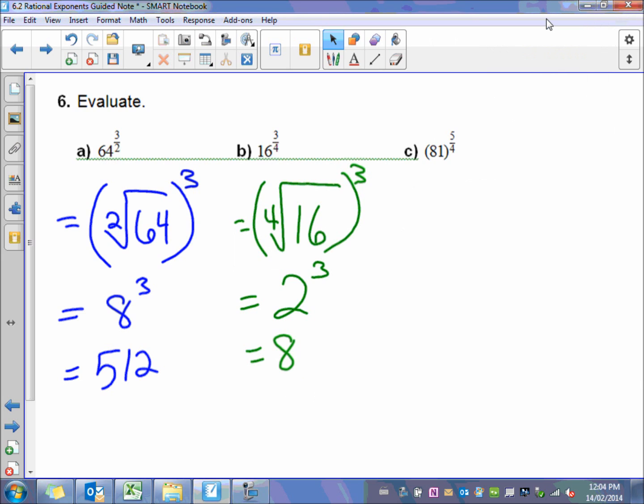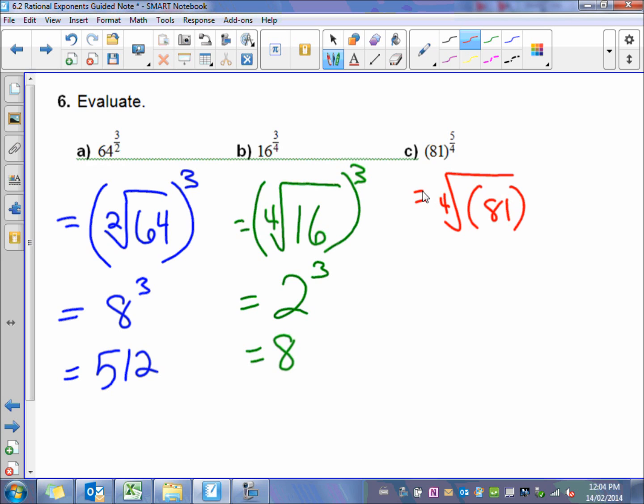Okay, so next one. So I see my fractional exponent, so I do my radical sign. A 4 goes in, and 81 goes underneath, and my exponent is 5. The answer is 3? Yeah.